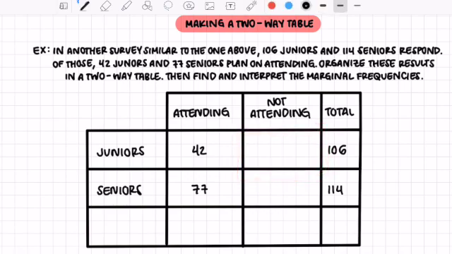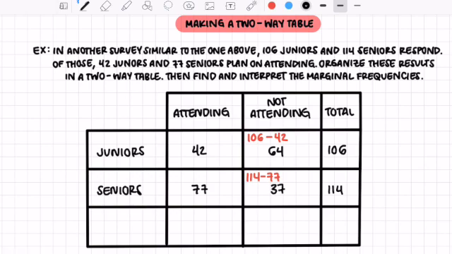All I need to do here is subtract 106 minus 42 to see how many juniors said that they are not attending, which would equal 64. Same thing goes over here. I could find out how many seniors are not attending by subtracting 114 minus 77. So that would equal 37.